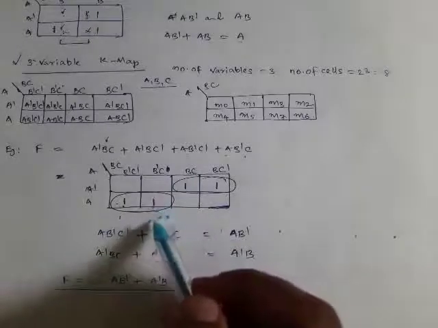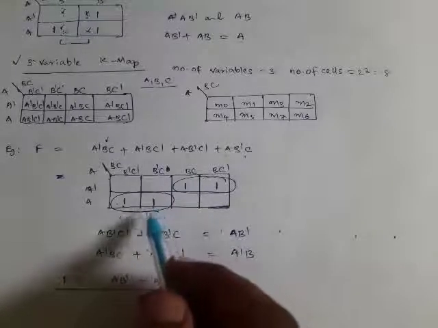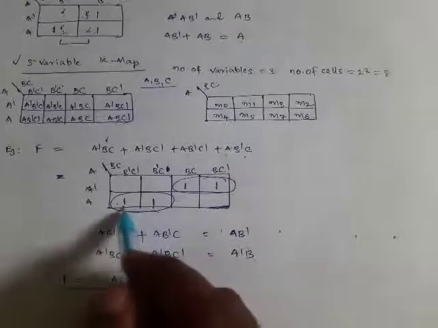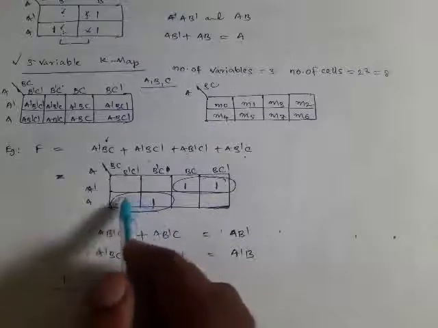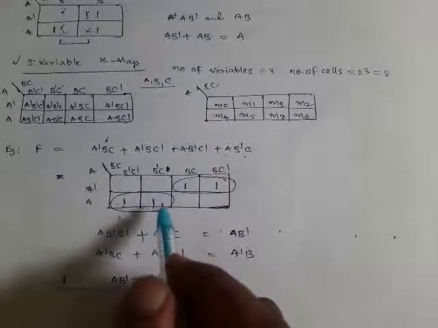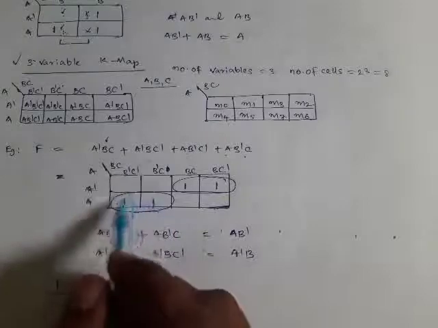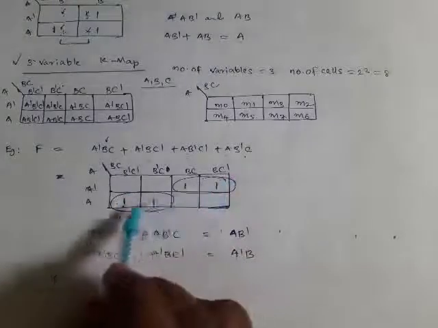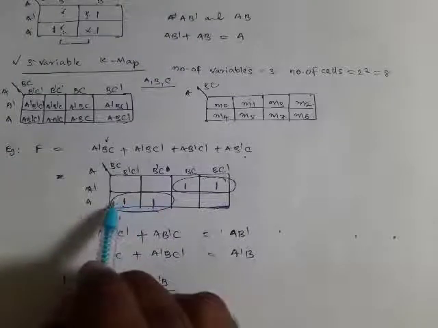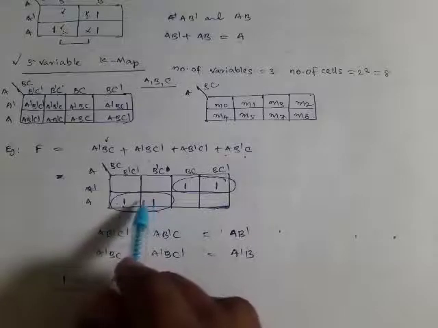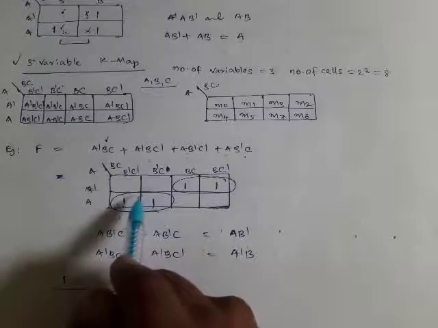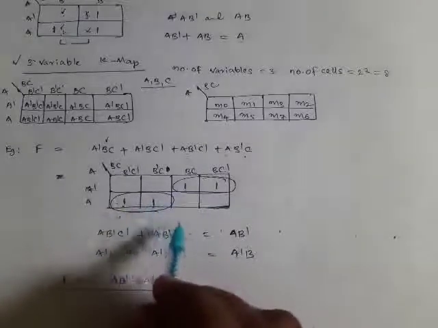After entering the ones, we try to find the adjacent cells which contain ones. Here we find one pair of adjacent cells which contain minterms of the function. When I group these two minterms, it results in a product term which eliminates the variable changing between these two cells. So it results in the product term A B bar.